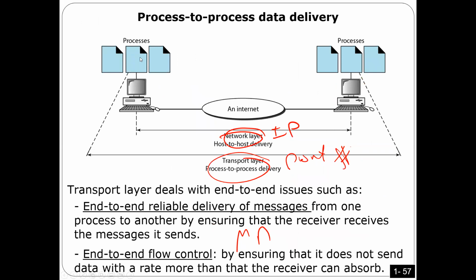If I want to connect a process to another process, this is at the transport layer. I need the service of the network layer to connect computer to computer. To connect the computer to computer, I need layer number 2 to transmit it from one hub to one hub. Okay, so that's what you should understand. Every layer needs the help of the other layer.